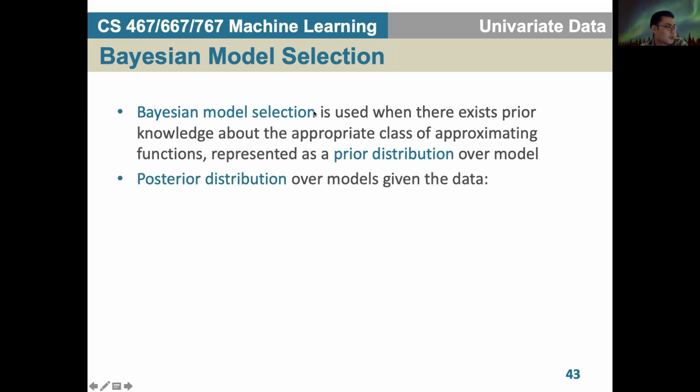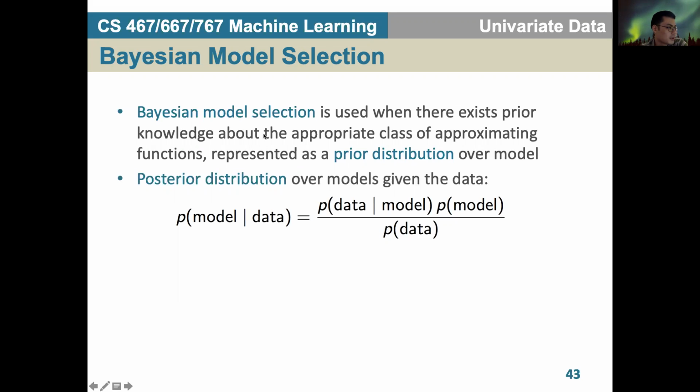Then we want to pick the posterior. The best model when you see the data depends not only on how the model generates the data, but also on how likely you believe it is, say, quadratic or linear. If you introduce this and the prior is really correct, that will improve your model selection.